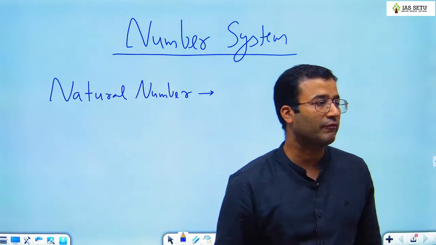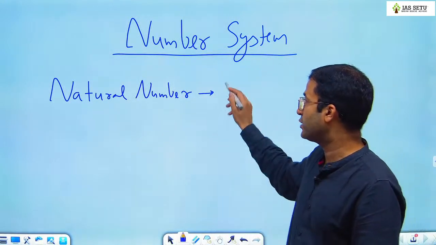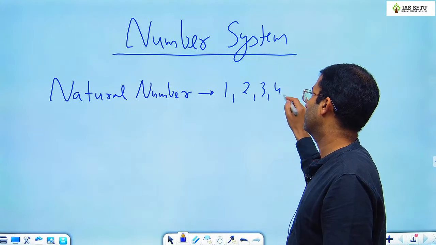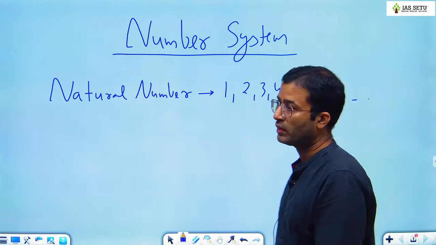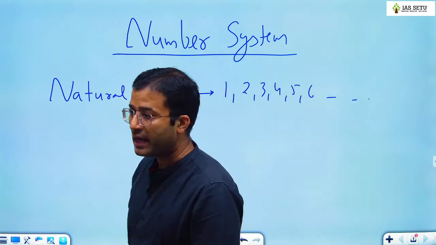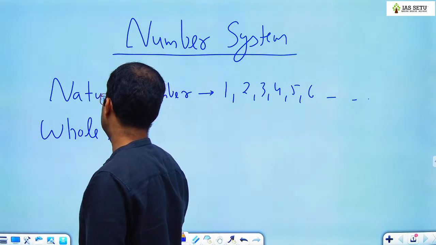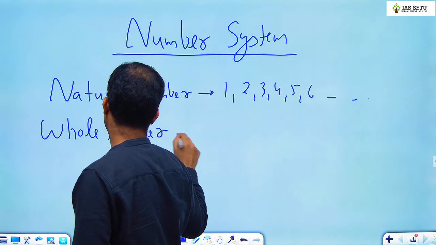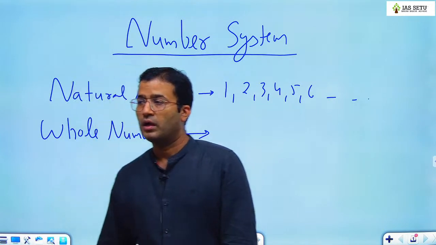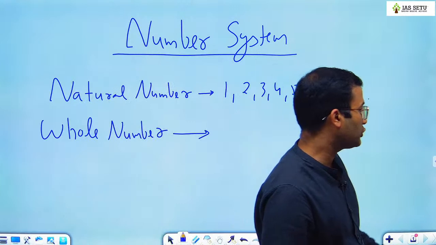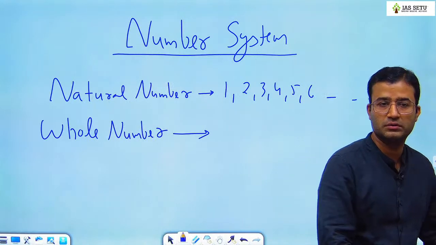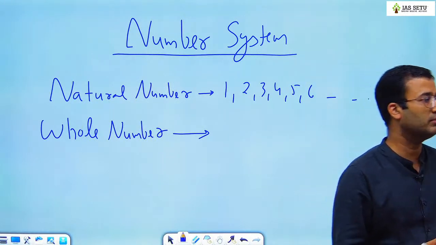That all of you know, like 1, 2, 3, 4, 5, 6, these are natural numbers. Next is whole number.